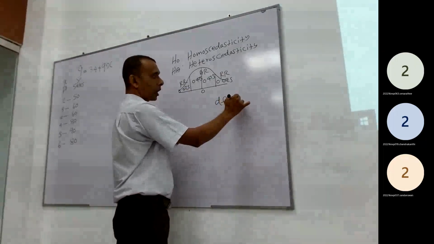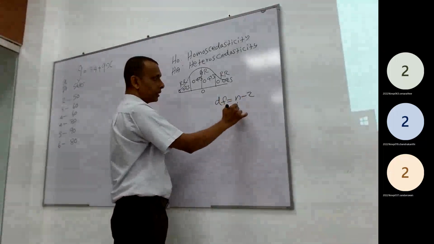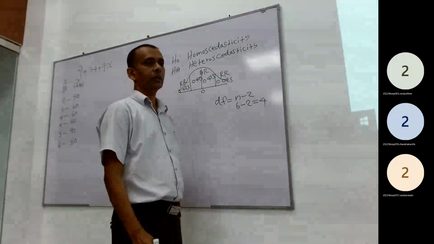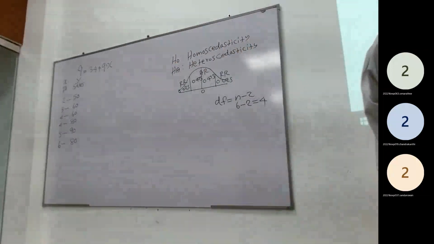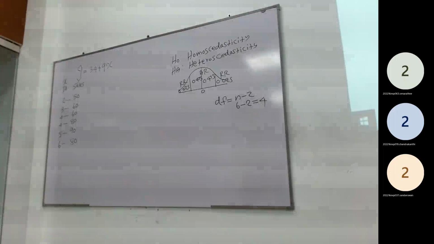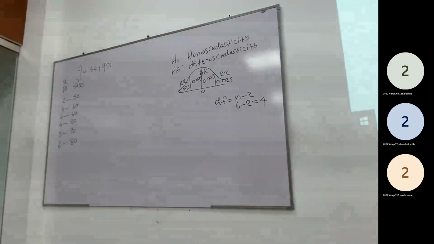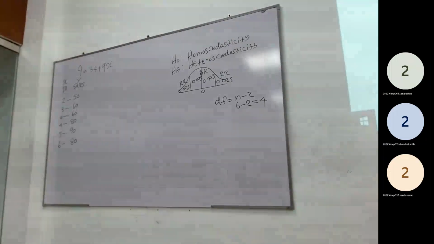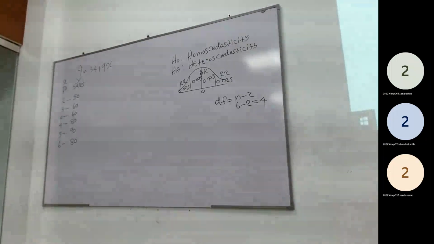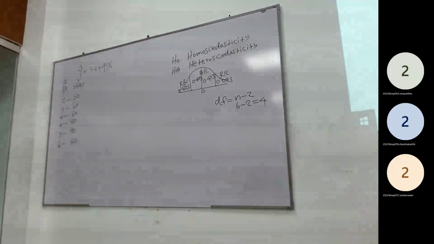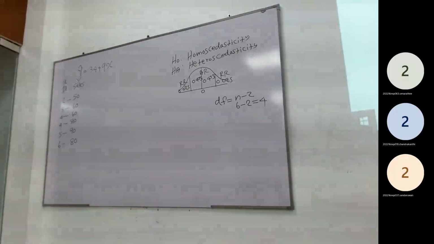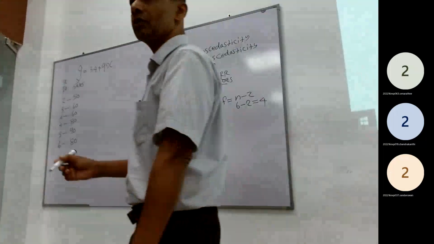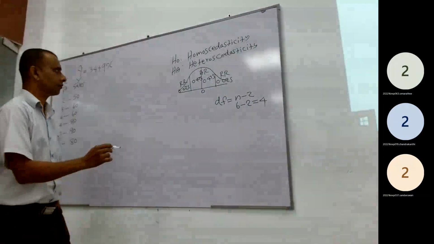I take n minus 2 degrees of freedom, 6 minus 2, 4. We did this in Karl Pearson correlation as well. According to the T table, 4 degrees of freedom, 0.025, the value is 2.776.